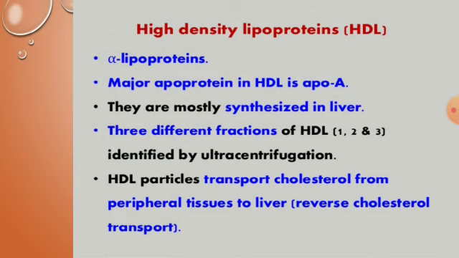Three different fractions of HDL are identified by the ultracentrifugation process: HDL1, HDL2 and HDL3. HDL particles transport cholesterol from peripheral tissues to the liver. That means reverse cholesterol transport takes place by HDL.